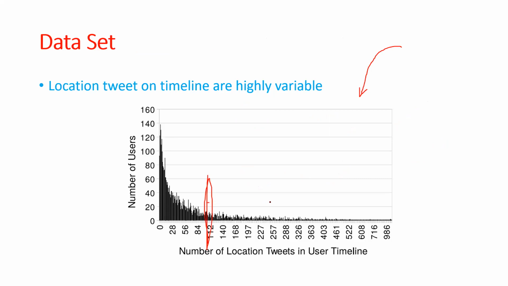And most of the time, because of privacy or something, they don't tweet with the geo-coordinates, right? So the effective data which we can use falls into this category, because these are the users who frequently tweet with geolocation. What we did, we took those users who have tweeted more than 60 location tweets on their timeline, right?